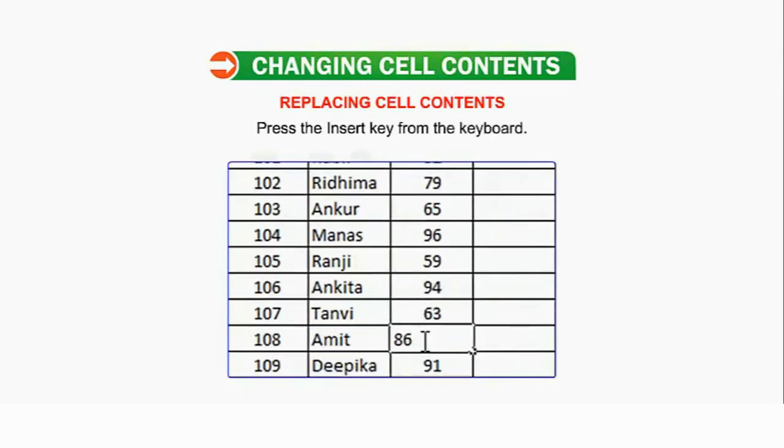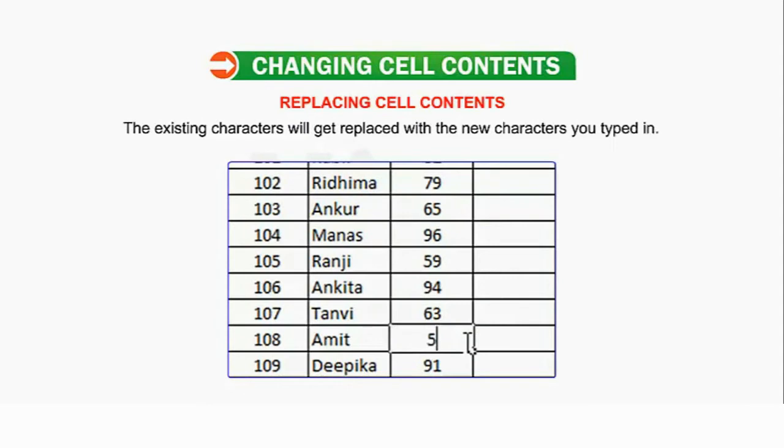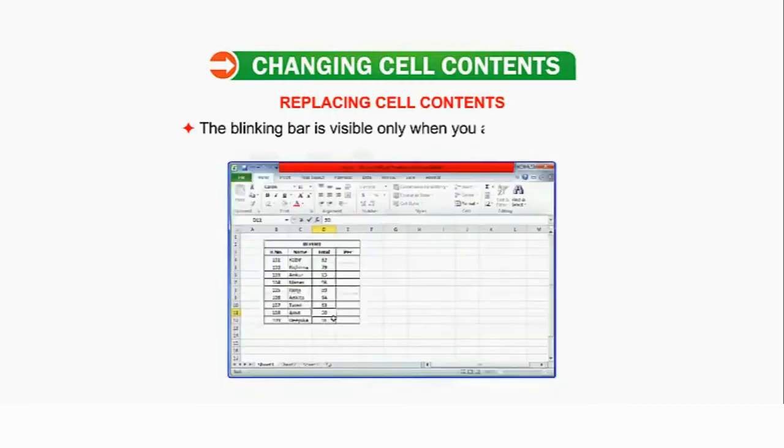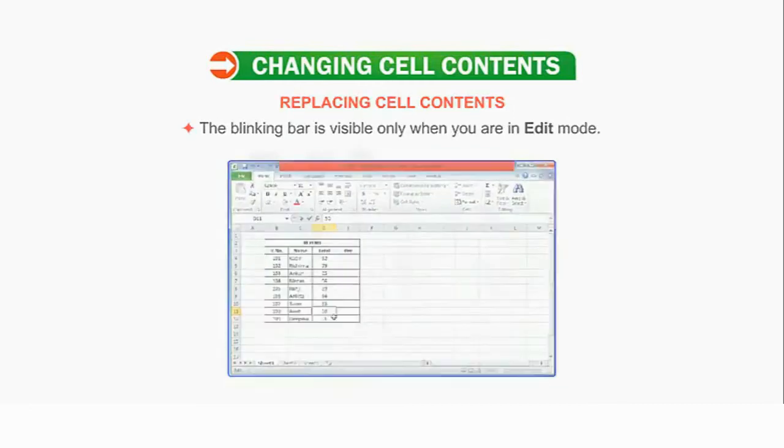Press the insert key from the keyboard. Start typing in the cell. The existing characters will be replaced with the new characters you typed in. When overtype mode is turned on, the cursor changes to a thick blinking bar. The blinking bar is visible only when you are in edit mode.